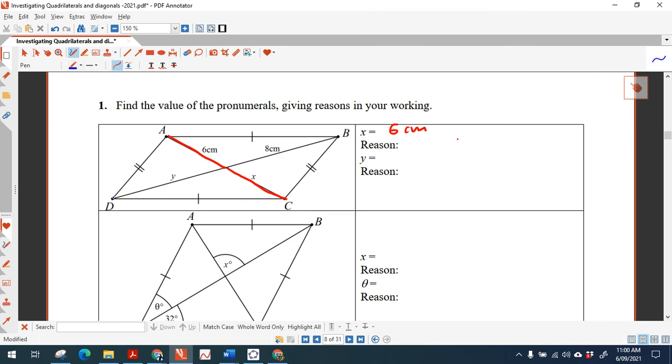Now, how long is this part here? This is y. So that's going to be the same length as this part here, which is 8 centimeters.